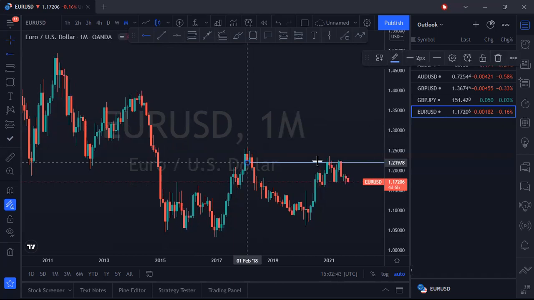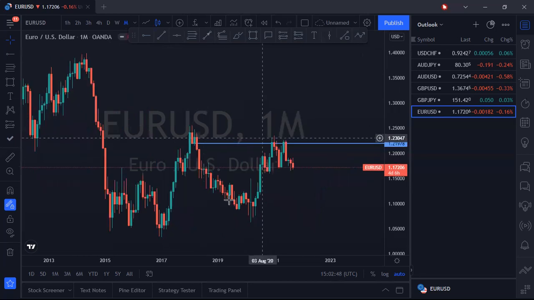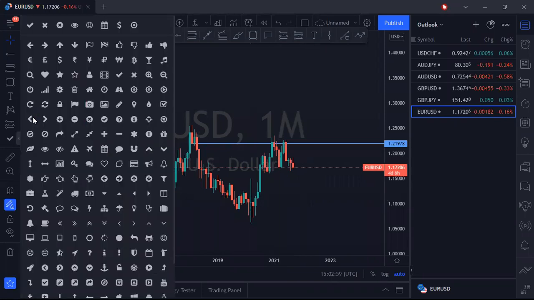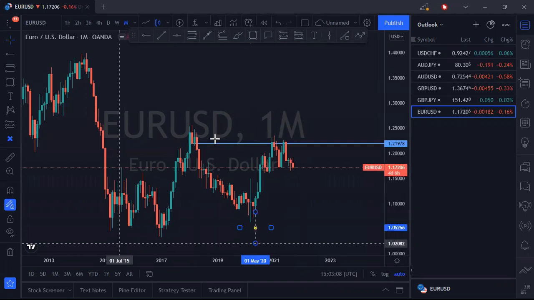It failed to bounce off this area. That tells us that price still has the potential to move to the downside, because we have some liquidity to be formed, or market makers to get some liquidity here, and also we have liquidity here too. So on the higher time frame, I'm bearish on Euro USD.